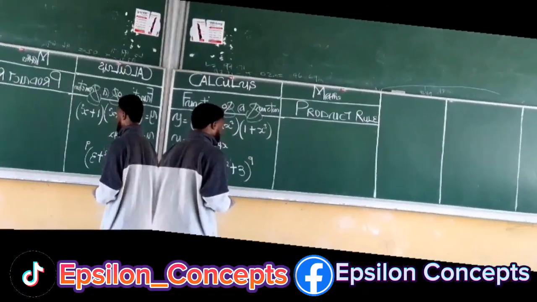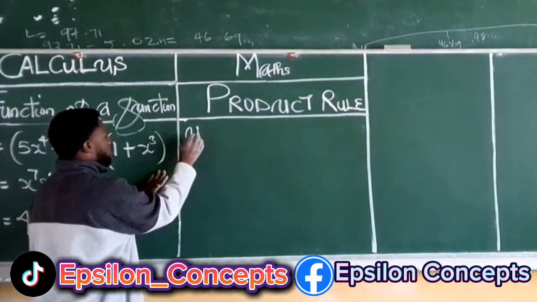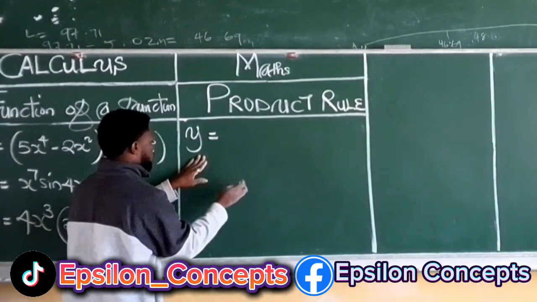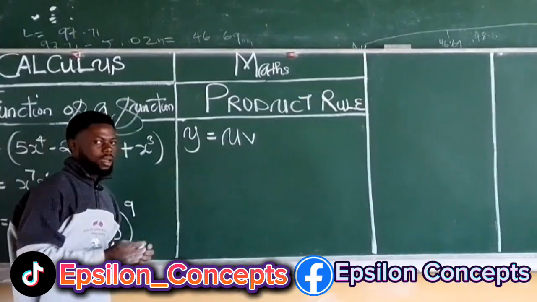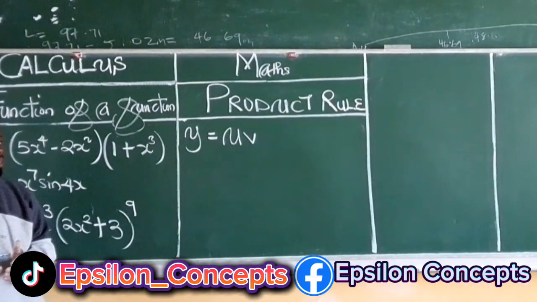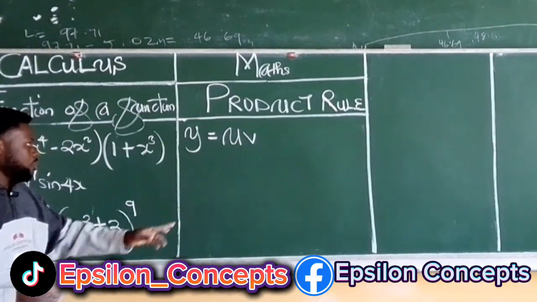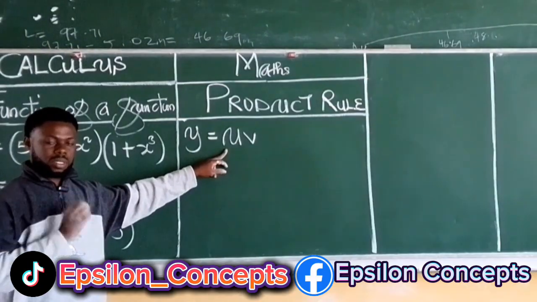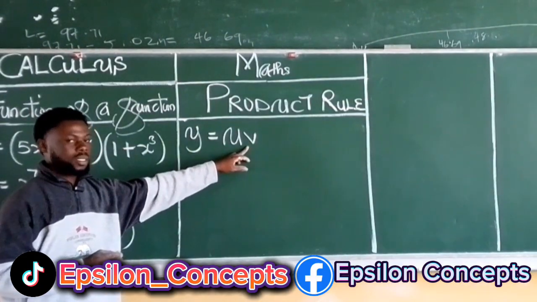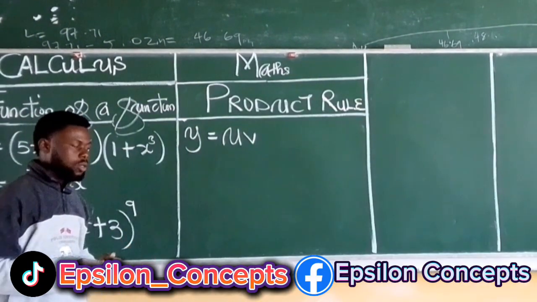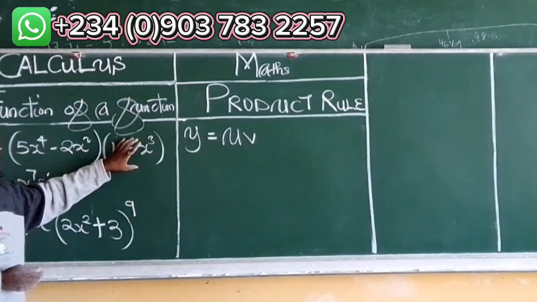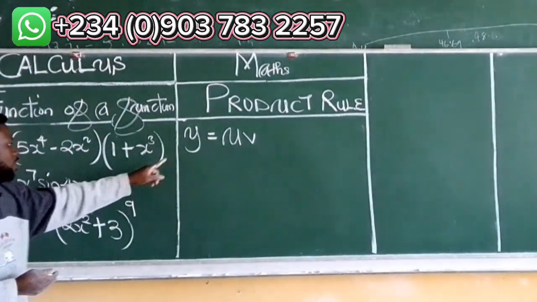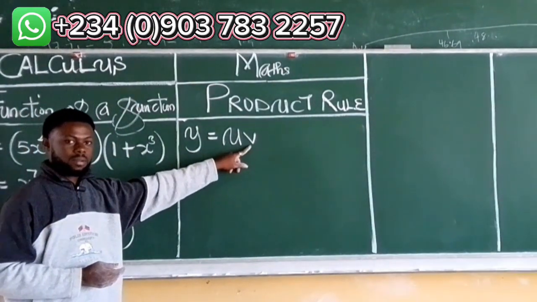So in a product rule, y is always a function of u times v, where u represents the first product term and v represents the second product term. Considering the first example on the board, y is equal to this bracket times this bracket. That means y is equal to u times v.